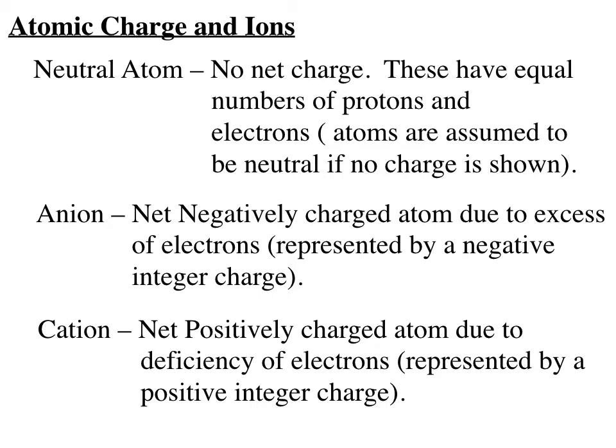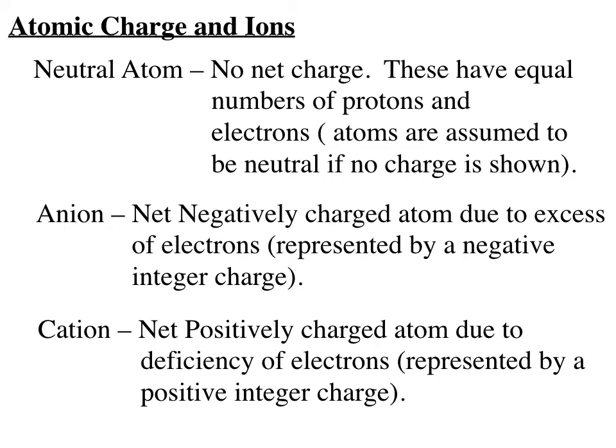Now the idea here is that it is much, much, much easier for an atom to lose an electron to become positively charged than it is for it to gain a proton to become positively charged. Energetically speaking, the action of gaining a proton, though possible, first of all, would change the element into a new element because you now have a different atomic number, so you're literally a different element than you were before.